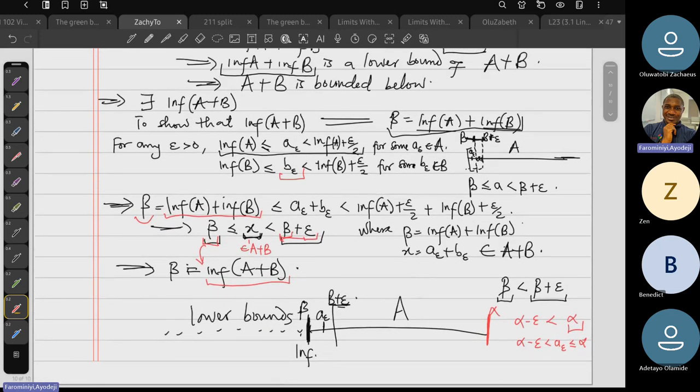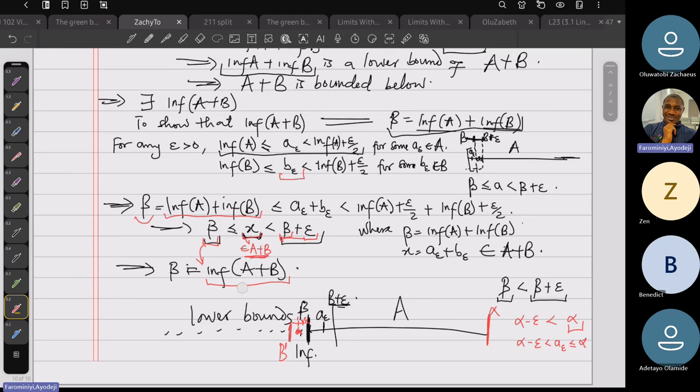So if we take another thing here and call it beta prime, and I add epsilon to it, numbers that will be here, we could have a possibility that they are not in A. In this case, we are talking about A plus B. But if beta is the infimum, no matter how small of a real number we add to it, anything that we find in between beta and that new thing must definitely be in A. And we have shown that what we can find in between them here is an element of A plus B. So that is why beta is truly the infimum of A plus B. So we are done.